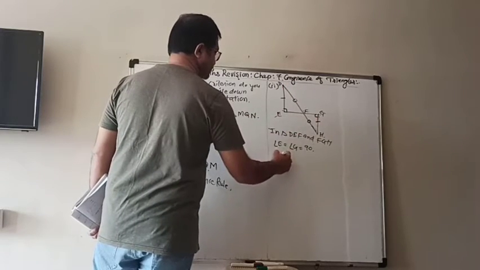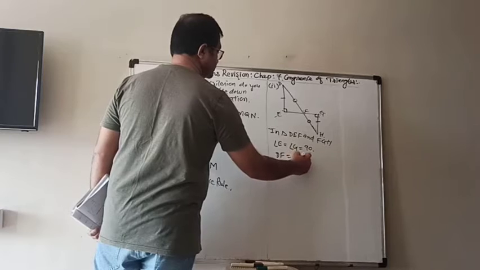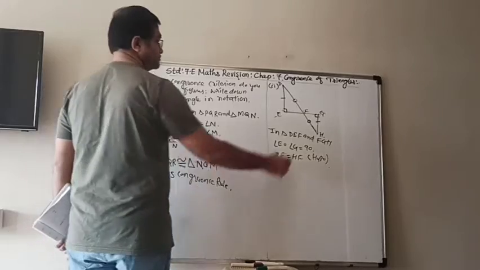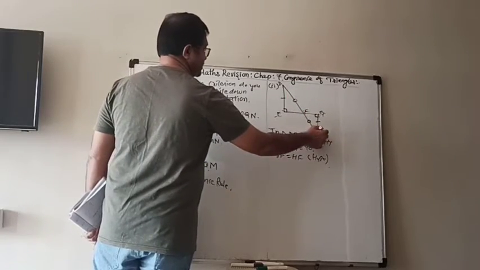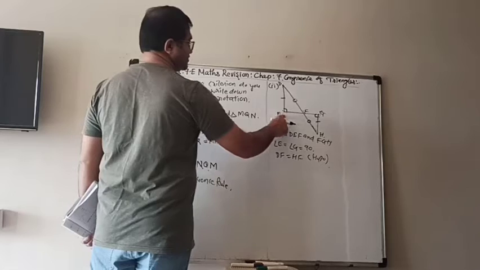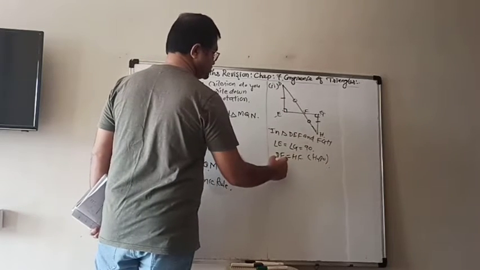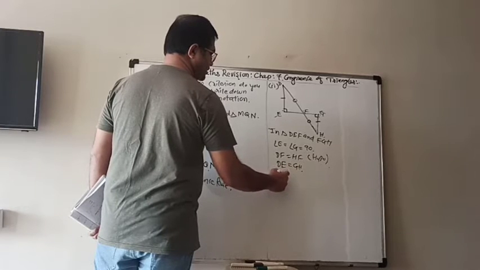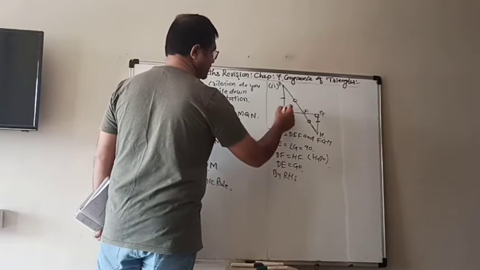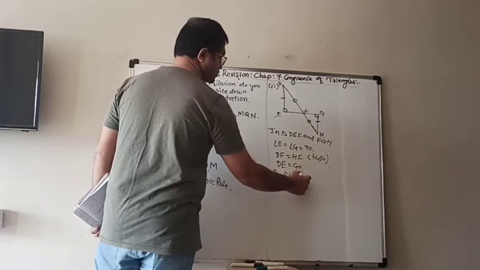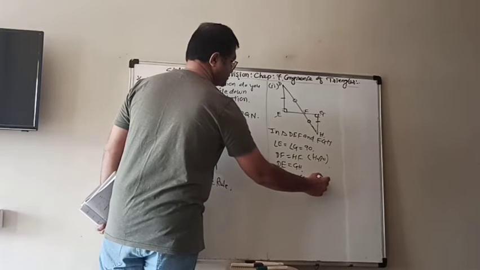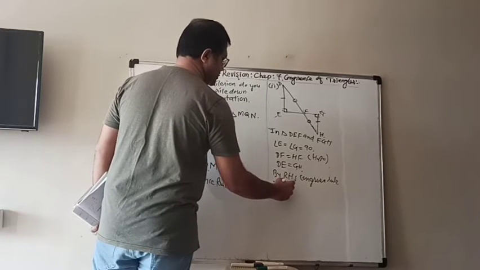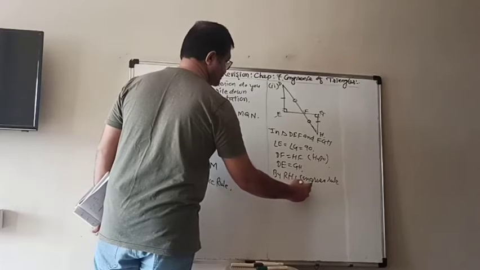DF is equal to HF. Those are the hypotenuse. And another line is DE is equal to GH. So now by RHS, because right angle, hypotenuse and side, congruence rule, triangle DEF is congruent to.